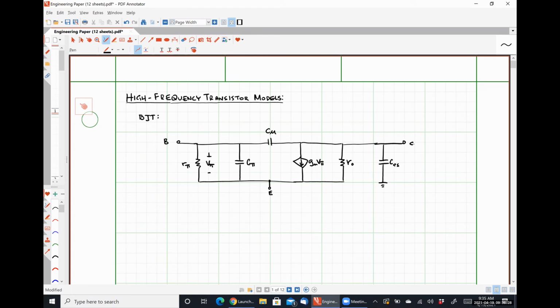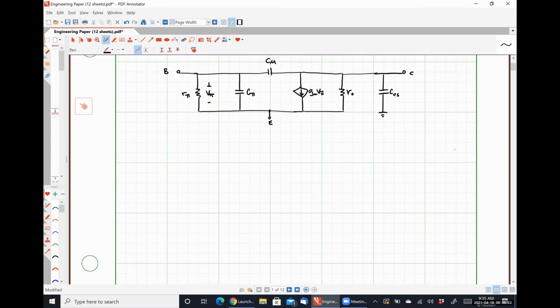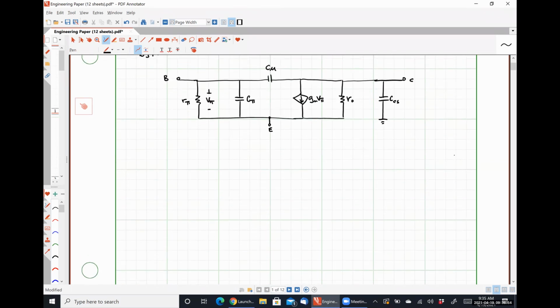And then here is our collector node. So we have modified our small signal BJT model with 3 capacitances, okay? And to understand why we have these capacitances, it's necessary to look at a cross section of a BJT during forward active operation. So give me just a moment and we'll draw that guy real quick.